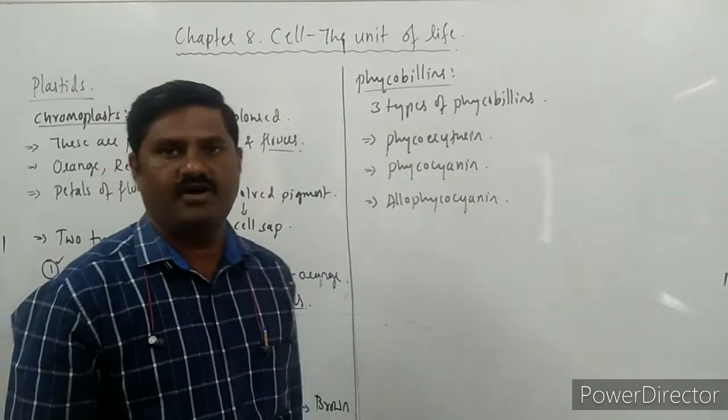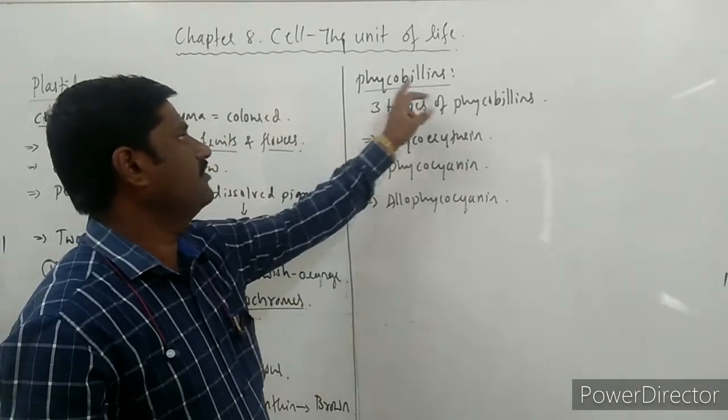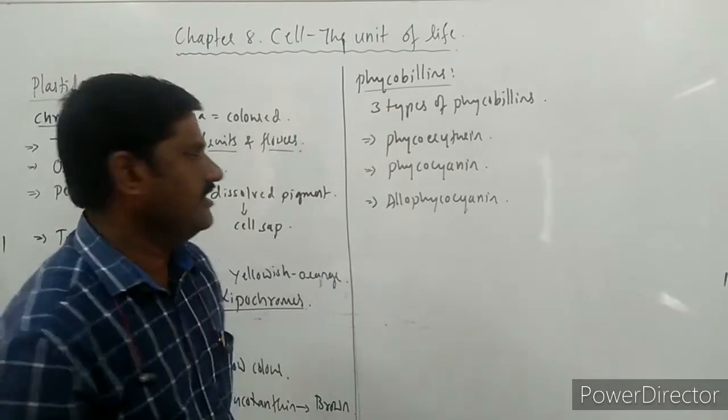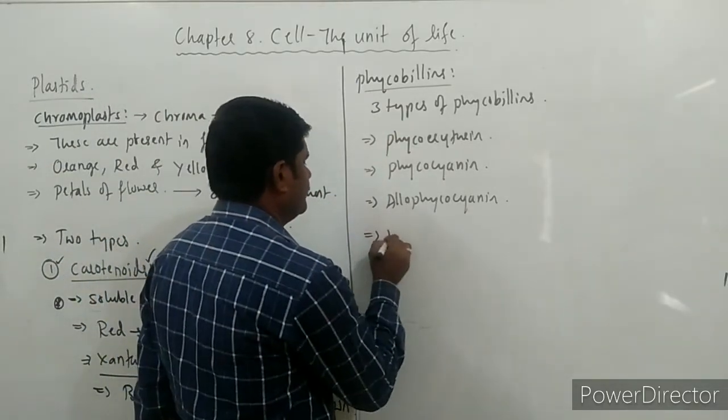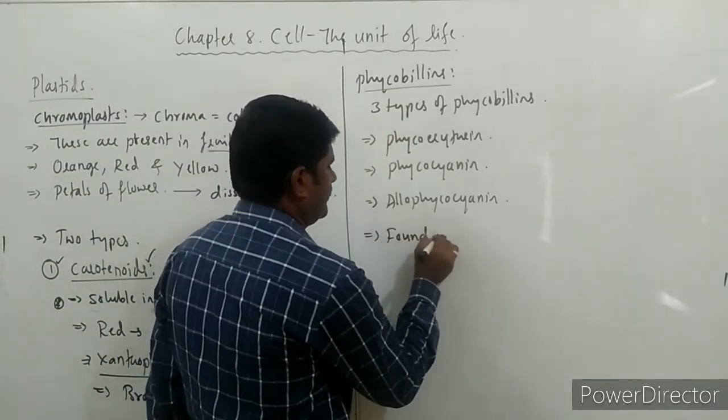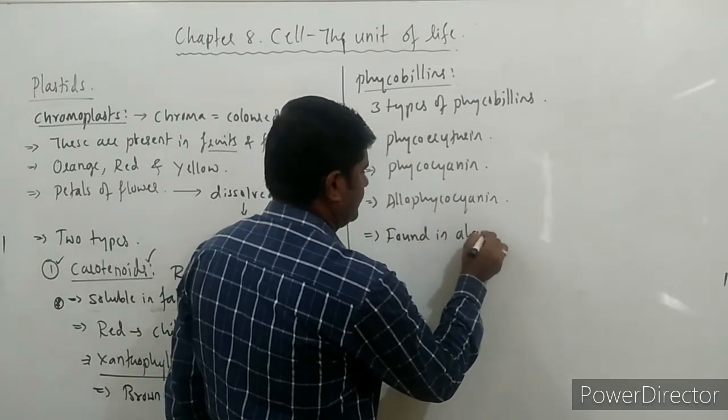These three kinds of phycobilins are usually found in algae.